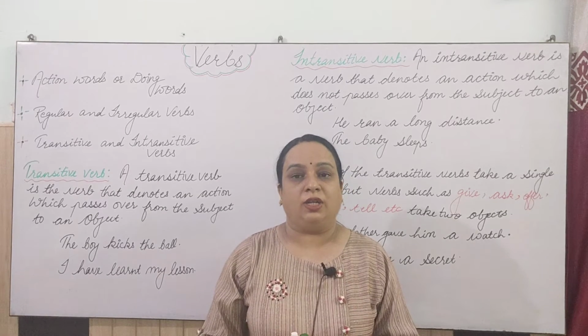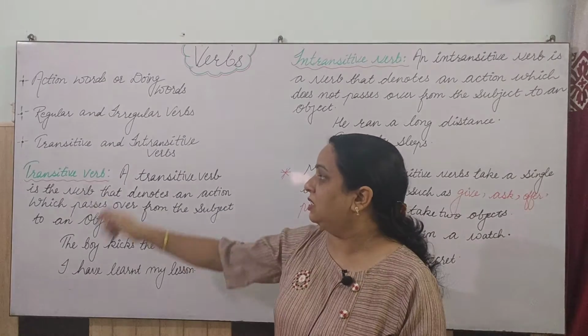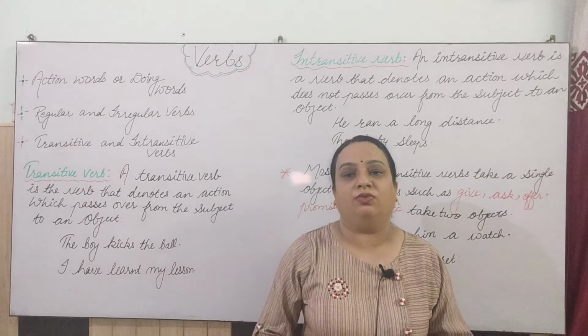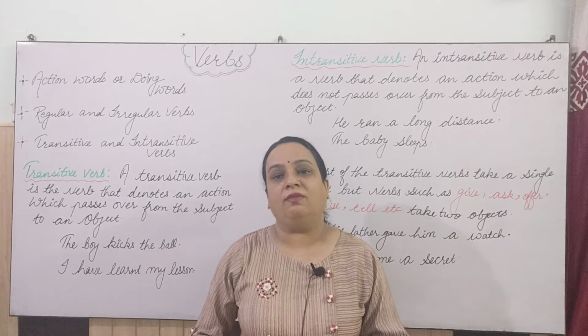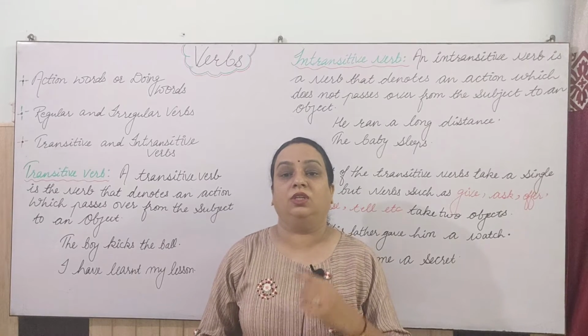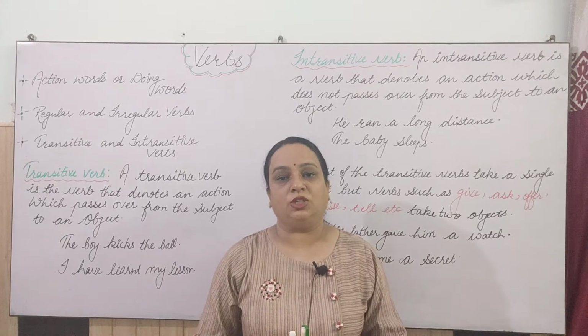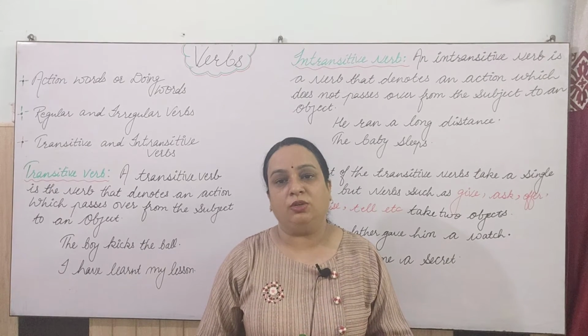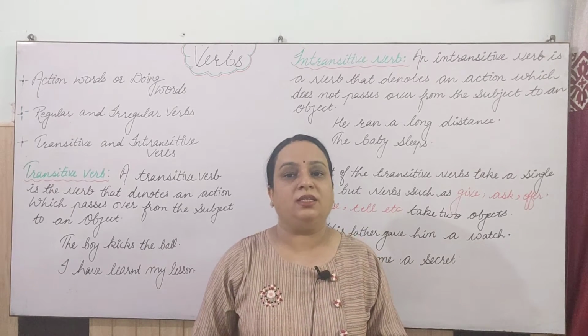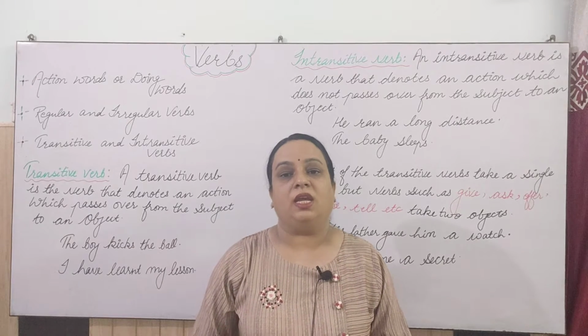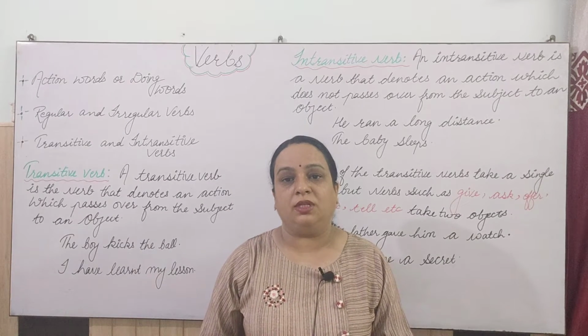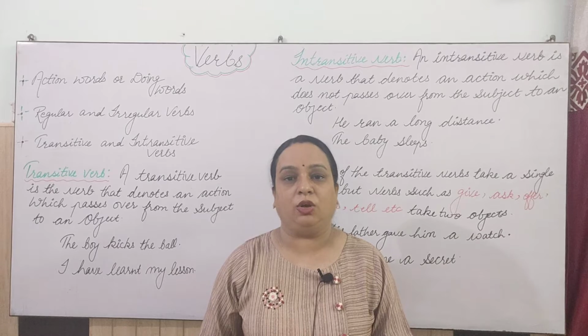Now, our today's topic is transitive and intransitive verbs. So, you should have proper knowledge of the topic which was covered in the last video, that is the object of the verb. I told you, dear students, the object comes just after the verb. It is of two types, direct object and indirect object.